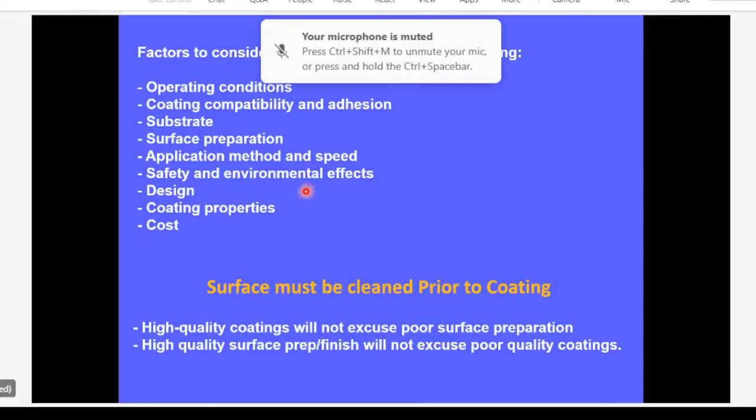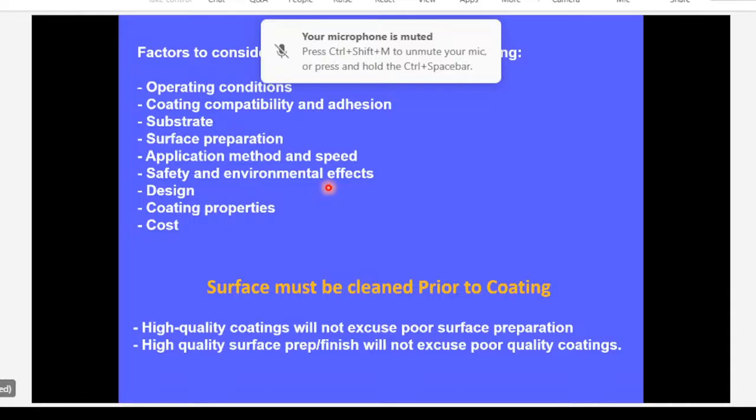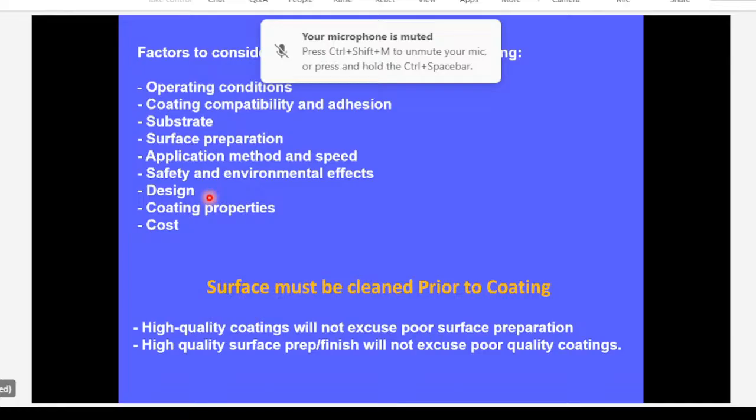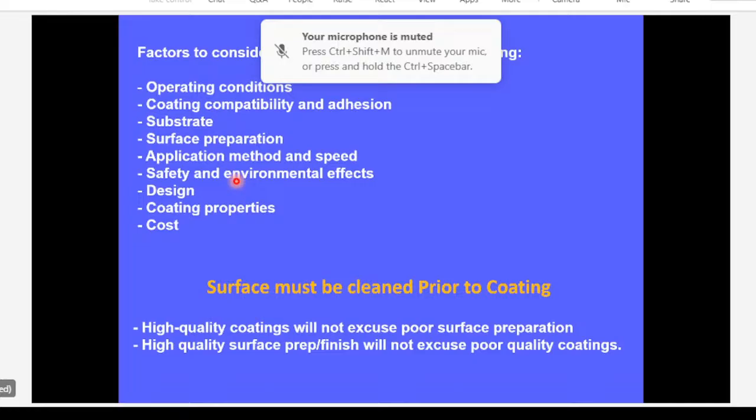A lot of processes of coating involve toxic or harmful effluents or carcinogens like formaldehyde or cadmium. So one has to be really careful about VOC or volatile organic compounds and other toxic substances. Part design considerations, properties of coatings, and the cost factor involved. So all of these have to be considered when you select coatings or surface treatments.